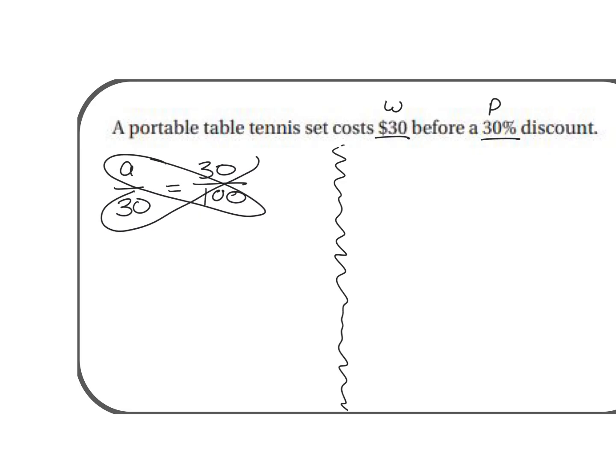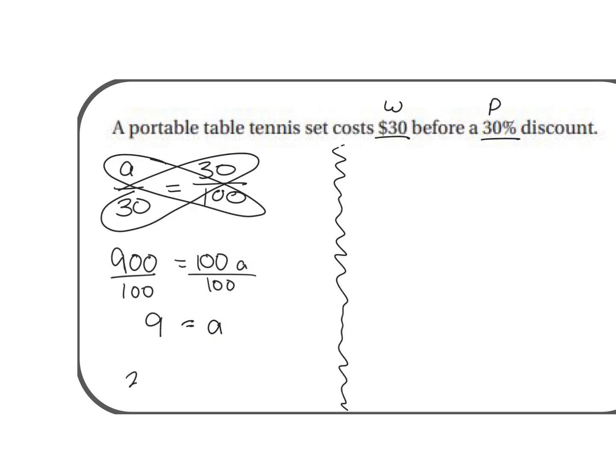I'm going to cross multiply here, and I get 900 is equal to 100A, which leaves me with A equaling 9. Now in this method, this is not my sale price. This is how much I need to take away from the original.